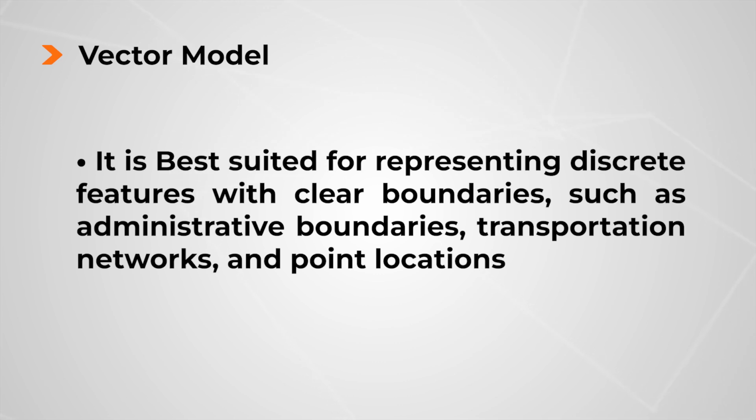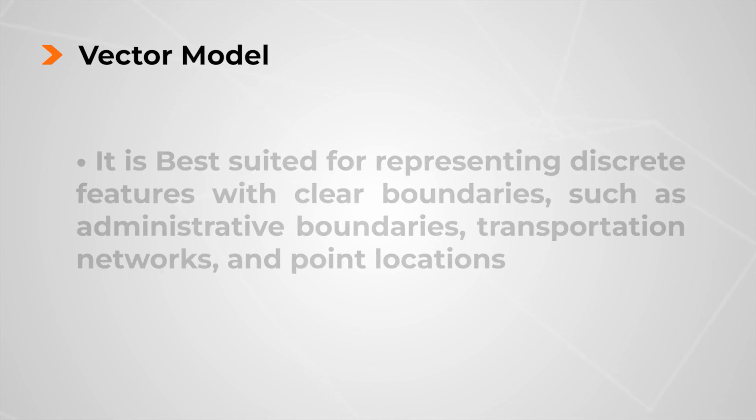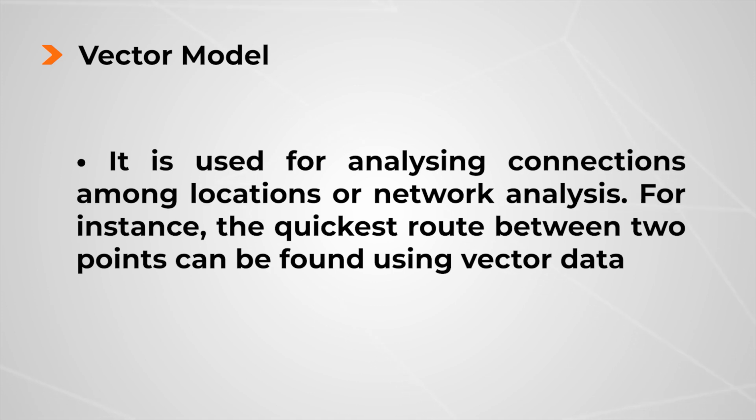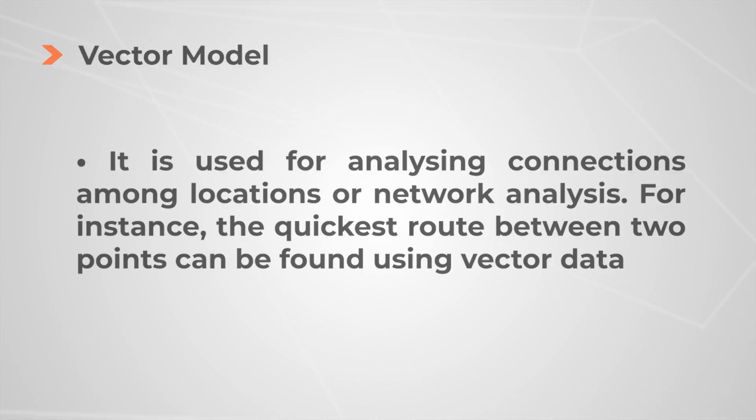It is best suited for representing discrete features with clear boundaries such as administrative boundaries, transportation networks and point locations. Vector data is used for analyzing connections among locations or network analysis. For instance, the quickest routes between 2 points can be found using vector data.